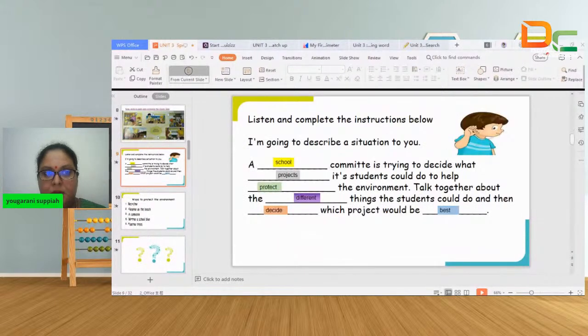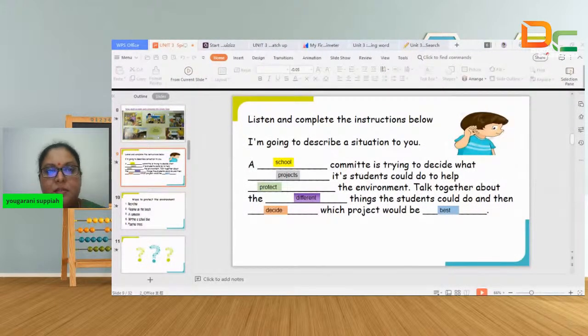Okay, this is your task. The school committee is trying to decide what projects its students could do to help protect the environment. Talk together about the different things the students could do and then decide which project would be best.